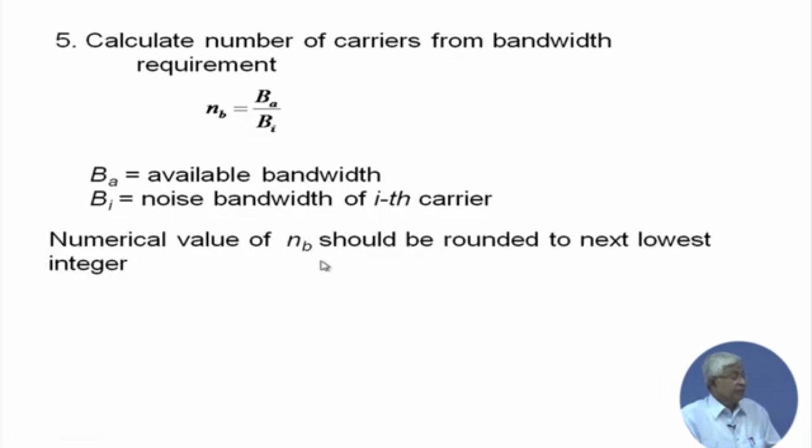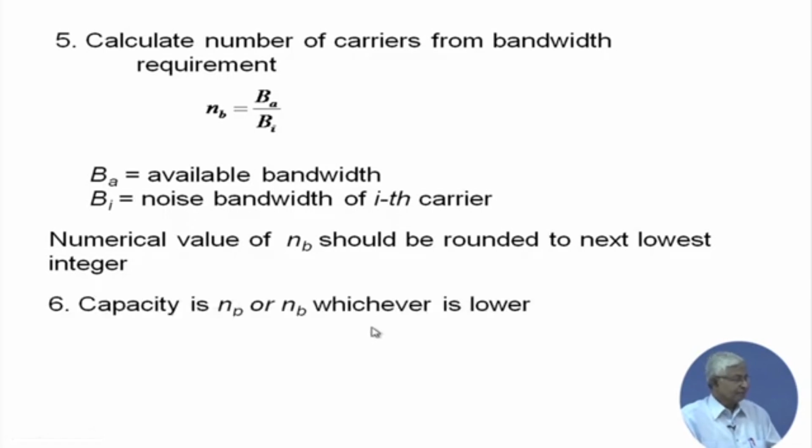The numerical value of NB should be rounded to the next lower integer, as I explained last time. This calculation gives the maximum theoretical limit, which may come out as a fraction of a number of carriers, which is not possible. So, the possibility will be the lower one, which means you will get some advantage the other way.